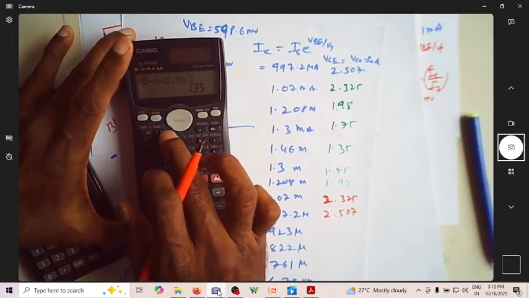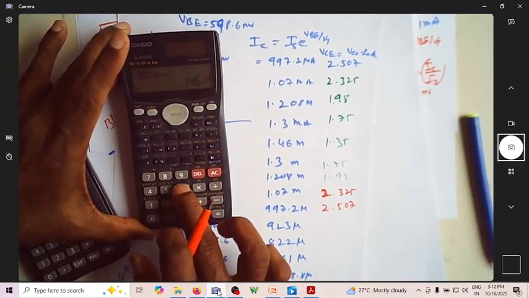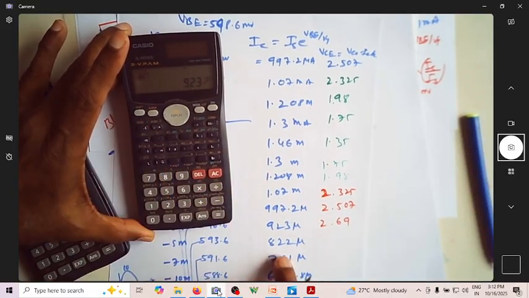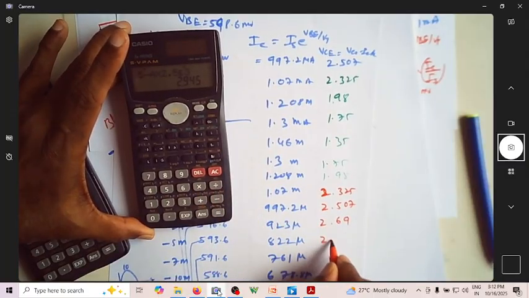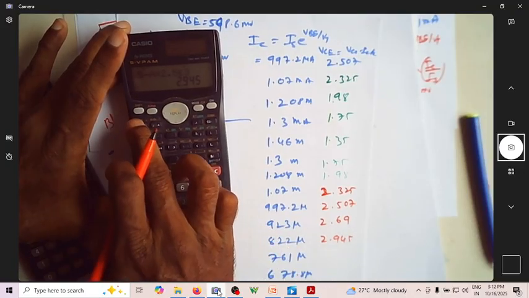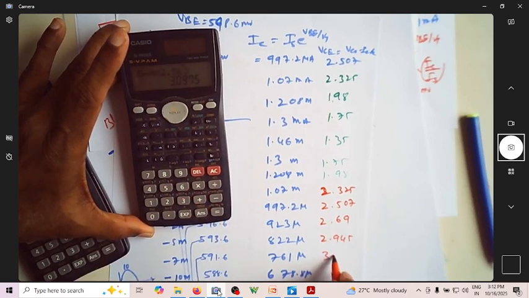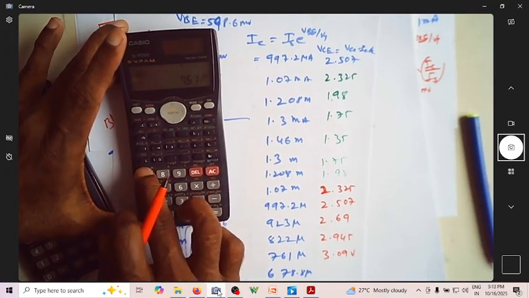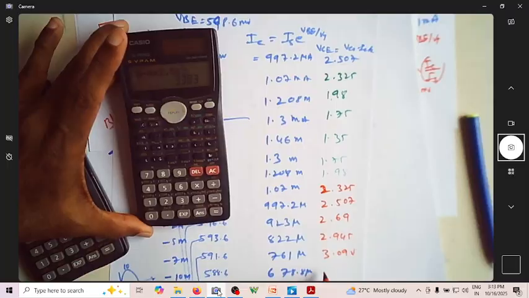So let us do it for 923 microampere. Then it is 2.69. Then calculate for 822 microampere, it is 2.945. Calculate for 761 microampere, it is 3.09 volt. Calculate for 678.8 microampere, it is 3.30 volt.